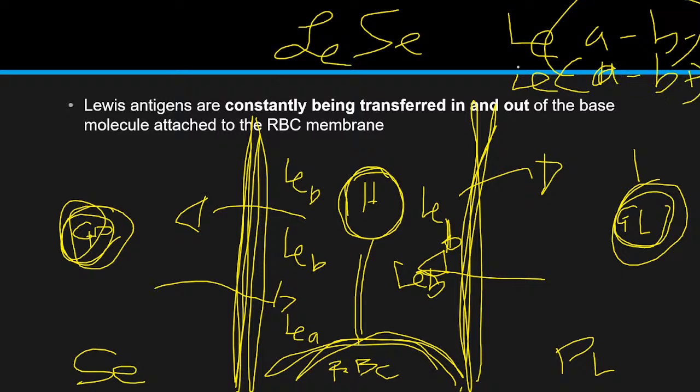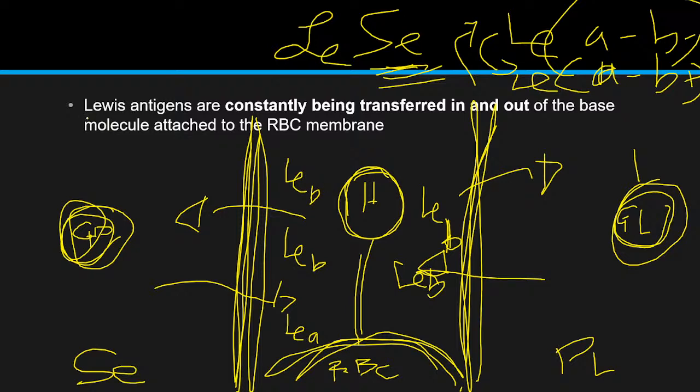You're interchanging between these constantly. Each red cell in your body is interchanging with that one because these are related to secretory antigens, or to the secretory blood type. The fucose in the cells will not stick there forever, unlike your other blood groups. Unlike the other blood groups, this one moves in and out.